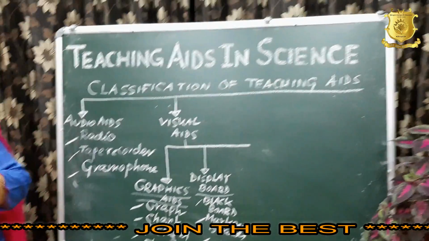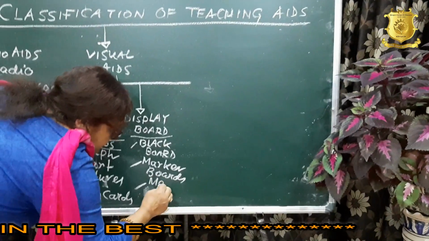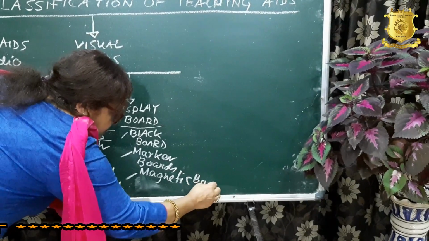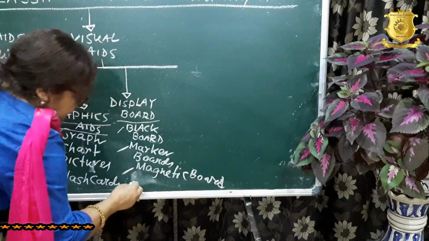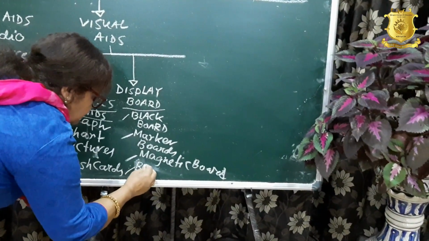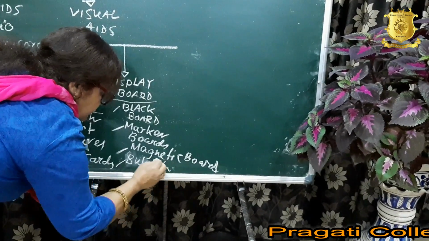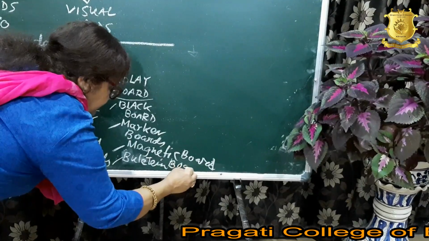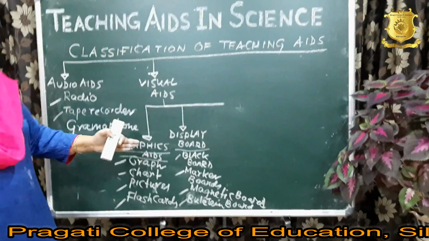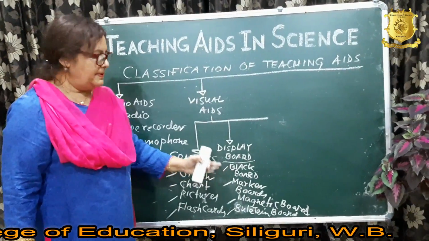Next example is magnetic board. And another is bulletin board. In our college we have bulletin boards where we put our wall magazine. These are examples of display boards.